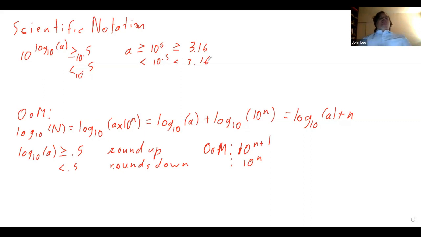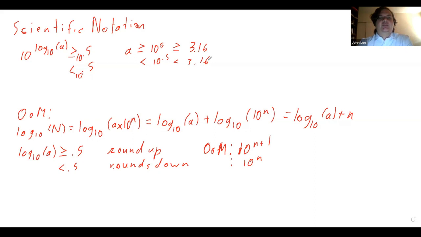So this is what we saw when we were doing those examples earlier, right? Because 10 to the 0.5 is 3.16. When we had the logarithm of 450, even though it was less than 500, it was still greater than 3.16. Therefore, it got rounded up to 10 to the third power.